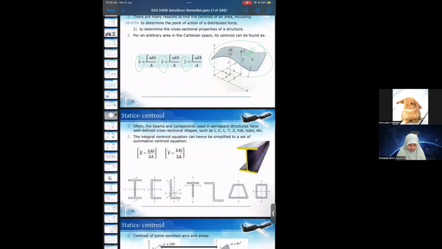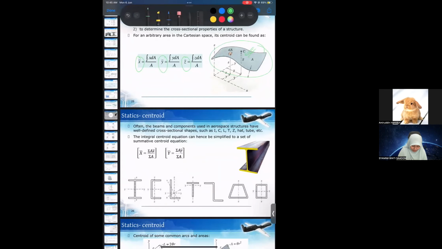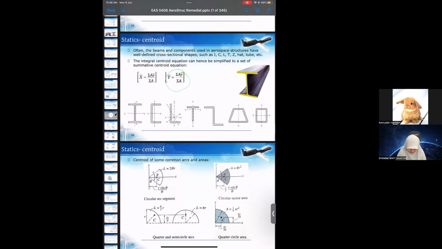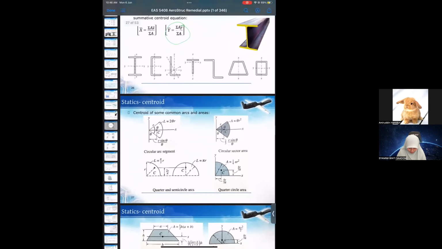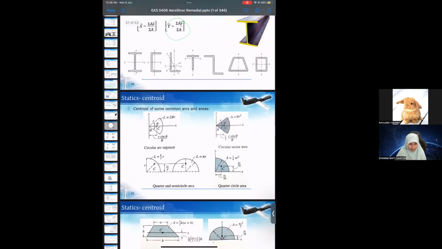Sometimes, instead of doing an integral, we can calculate it like this: the sum of the area multiplied by the location x or y. Let's look at an example. Centroid of some common areas. This shows you the point of the centroid, where the location of the centroid is for each of these common areas.